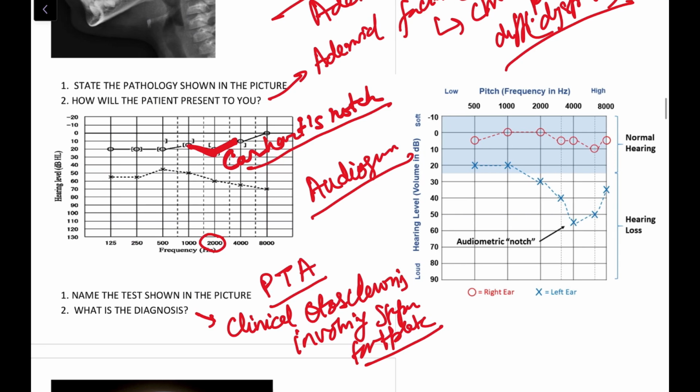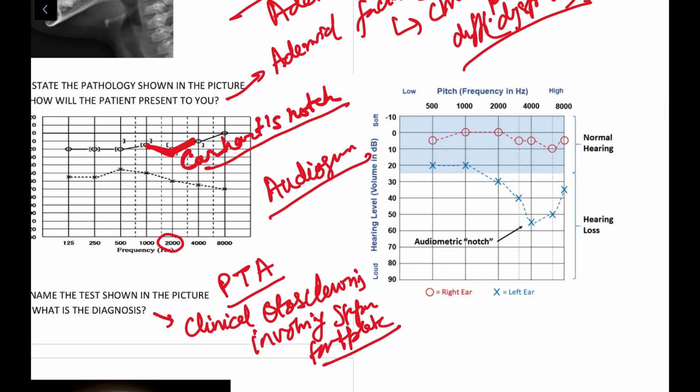Now a similar type of curve that you may be asked, I have shown a similar diagram. See, this is not the two tracings of bone conduction and air conduction. This is basically a tracing of the right ear and the left ear, and you can see a notch in the 4000 Hertz. Now you will get this notch both in the bone conduction as well as in the air conduction.